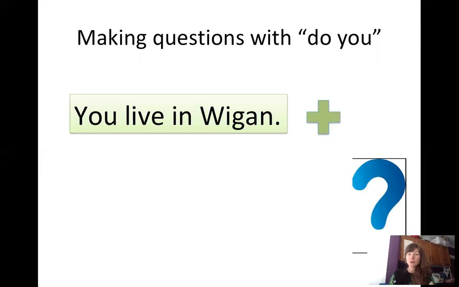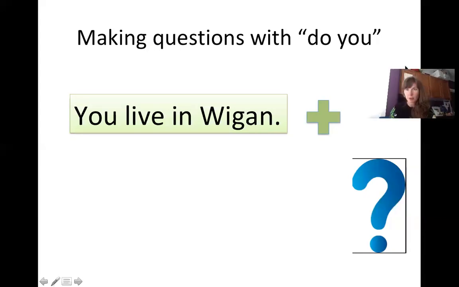We are going to change it and make a question out of it. Very important, when you ask a question, you have to raise your voice at the end. And also, if you are writing that question, you have to put one of these beautiful question marks.